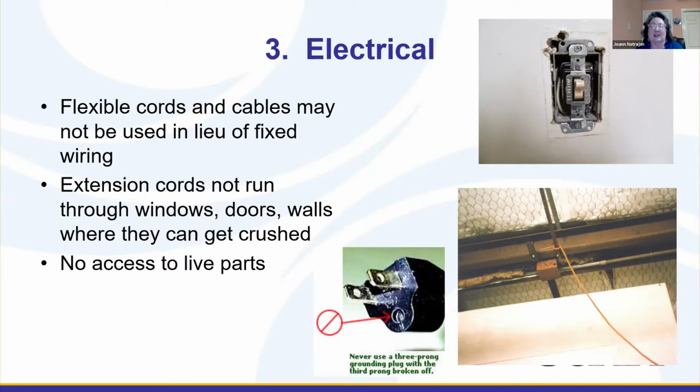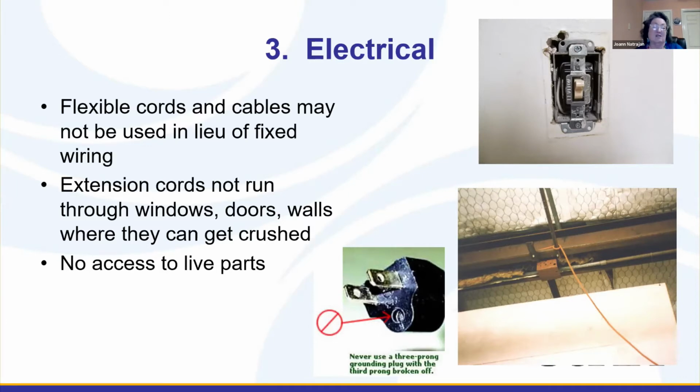Okay, because flexible cords and cables are not anywhere near as strong, and it's not a proper way to wire stuff permanently. If you have extension cords, you don't want to run them through windows, doors, any place where they could get pinched or crushed, because once you've done that, your question is what's the condition of the wires inside of that cord?